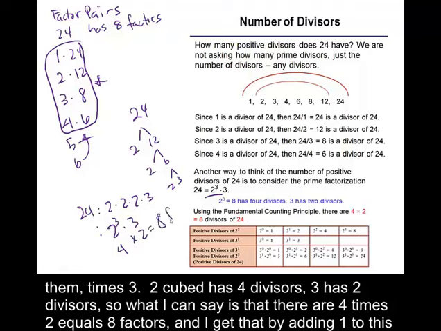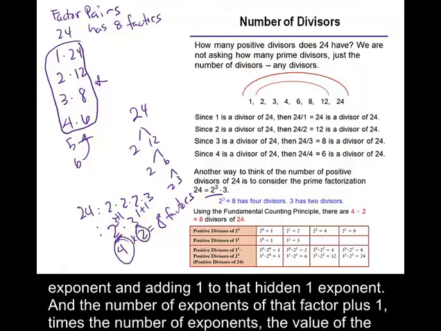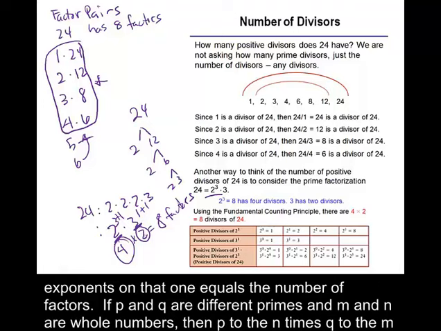equals 8 factors. And I get that by adding 1 to this exponent and adding 1 to that hidden 1 exponent, and multiplying the exponents plus 1 together to get the number of factors.